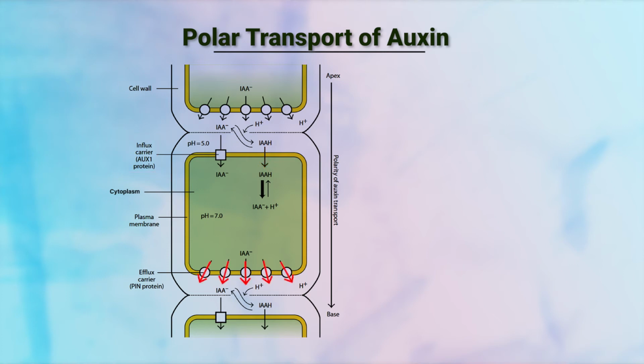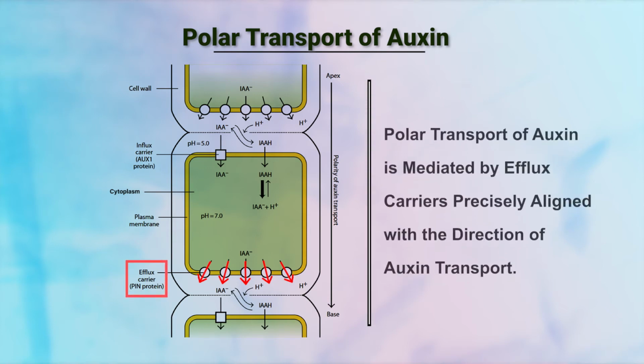But when auxin exits a cell, it only uses an efflux carrier protein called PIN protein. Now, interestingly, these PIN proteins are exclusively located at the basal side of the plasma membrane. Consequently, auxin can only flow out in this direction, that is, in the basipetal direction, explaining its basipetal flow in the stem.